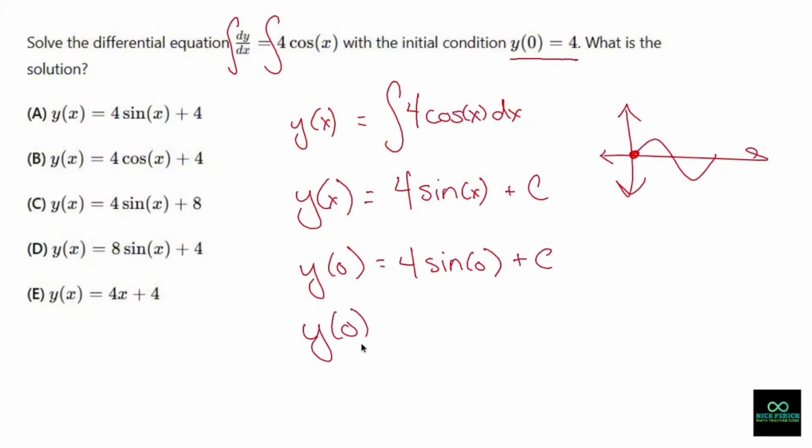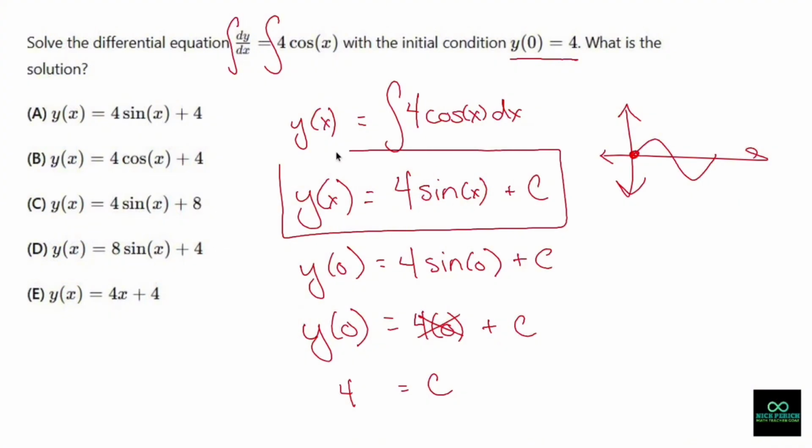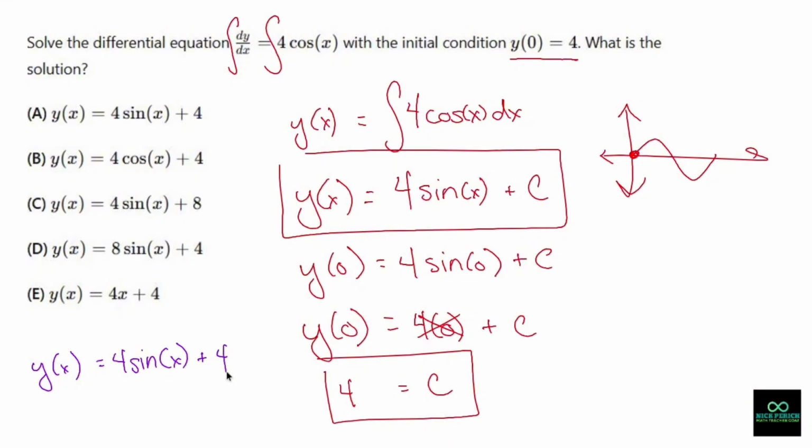So y of 0 is going to equal 4 times 0 plus c, and since y of 0 is 4, 4 equals 0 plus c. So c is 4. Taking this and this piece of information, we come up with the equation y of x equals 4 sine x plus 4.